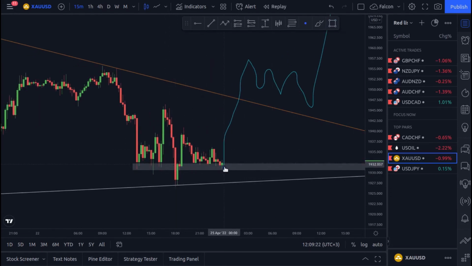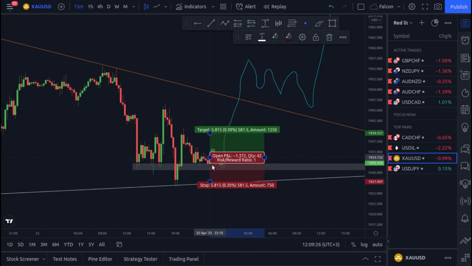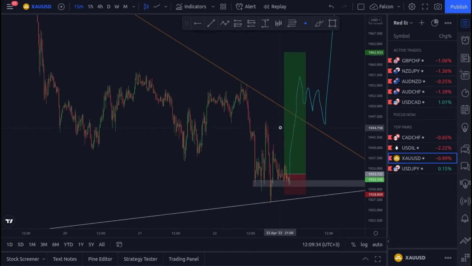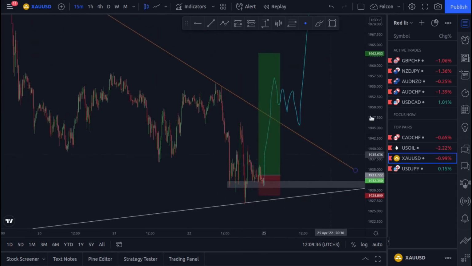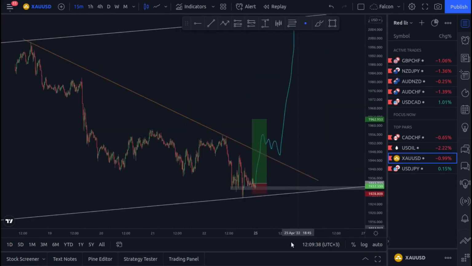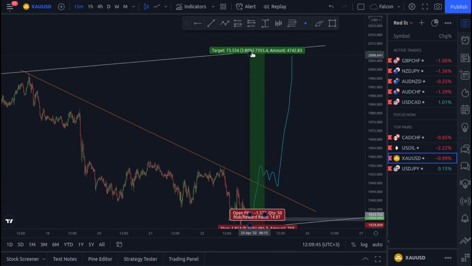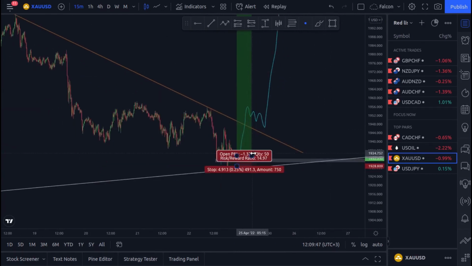I entered from these areas, stop loss just below this low, and I'll be looking to take this trade all the way up. So I'm currently in this trade, but you can wait for that safe entry. Safe entry is after you have broken the trend line and formed a correction. But so far I'm already in this trade with a risk entry. I'll be looking to take it all the way to that upper trend line.